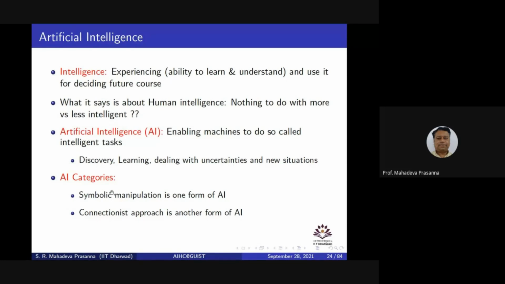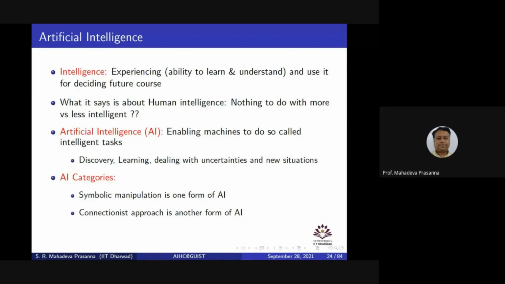Of course, coming to the field of artificial intelligence, we have two categories. Earlier, version 1 of artificial intelligence was what we call symbolic manipulation. Before that symbolic manipulation came, it was mostly in terms of data, computing numbers, and based on the value obtained you take a decision or branch out.